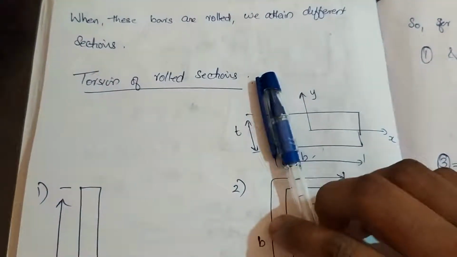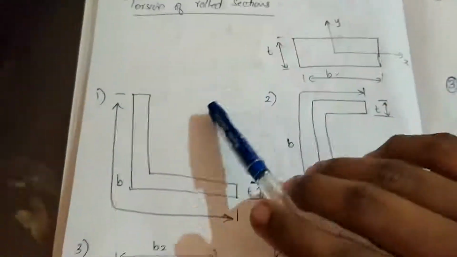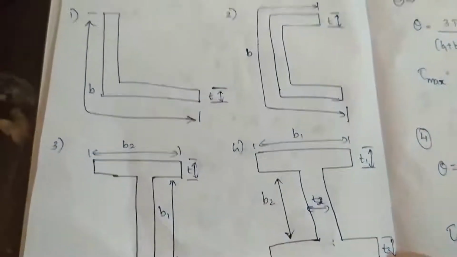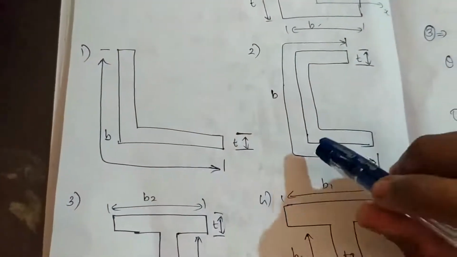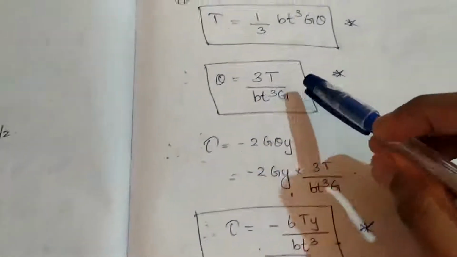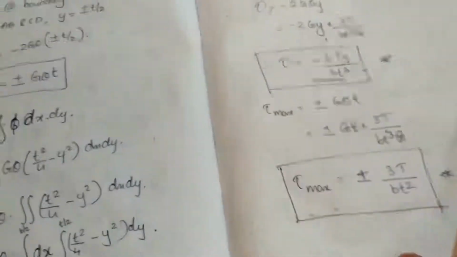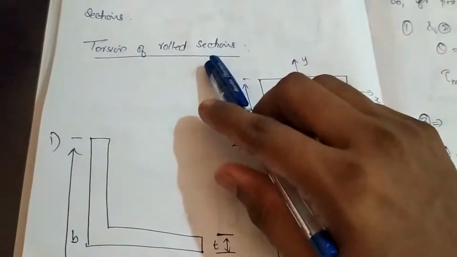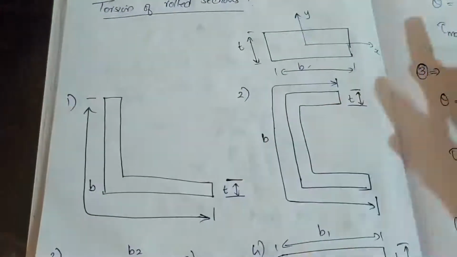So I am taking this rectangle and making several shapes like L section, C section, T section, I section, etc. According to the section, you need to apply the values accordingly. The general equation is theta is this one, T is this one, tau is this one, etc. But if a rolled section is given, you need to change its length accordingly.